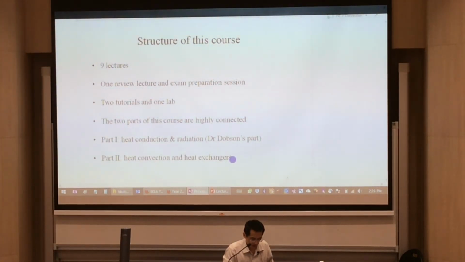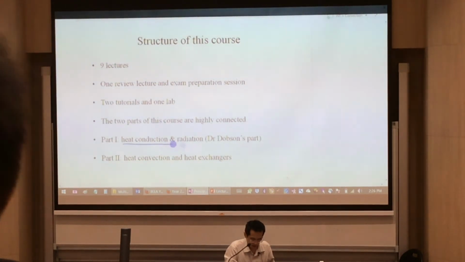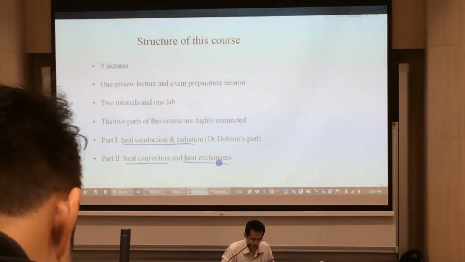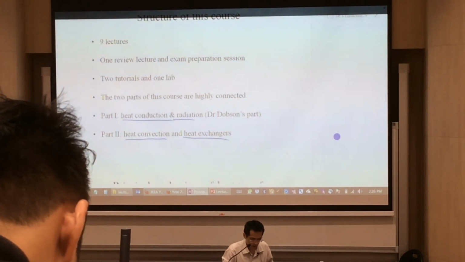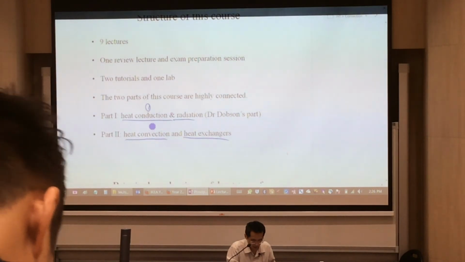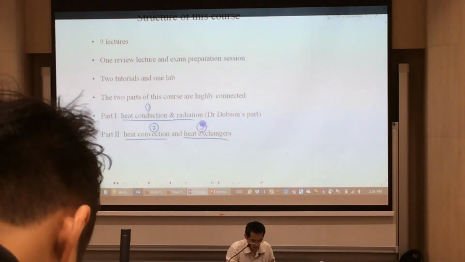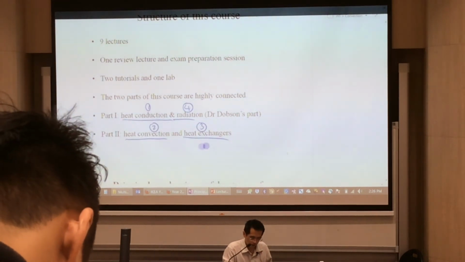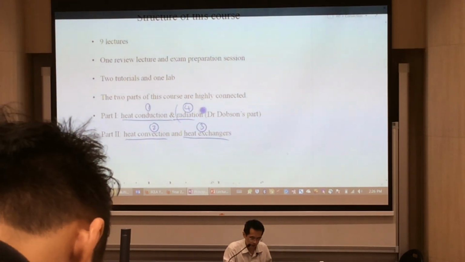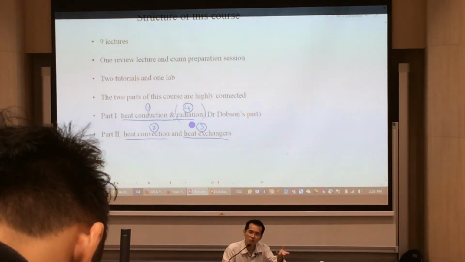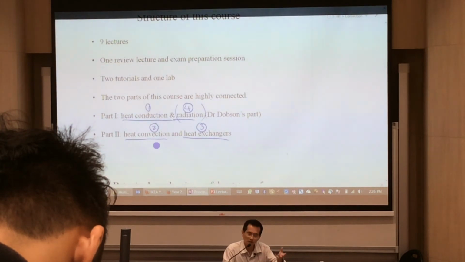So in Glasgow, it's broken up into conduction, radiation, and the other lecturer doing convection and heat exchanger. So we'll be doing this first, or we have done that already. This is second, third, and this is fourth. In that way. Why that way? That's because radiation has its own set of cycles that happen to coincide with conduction and convection.